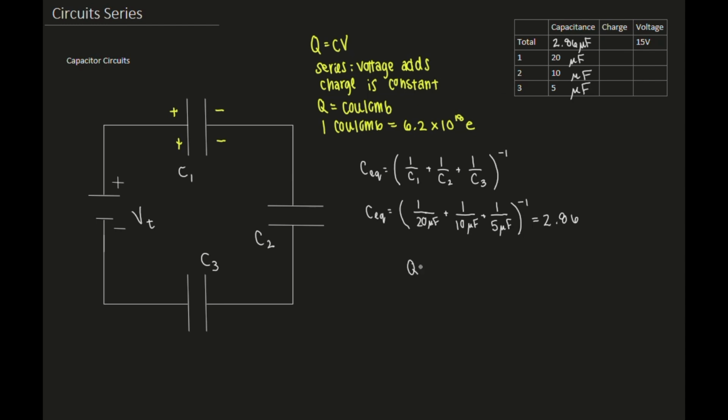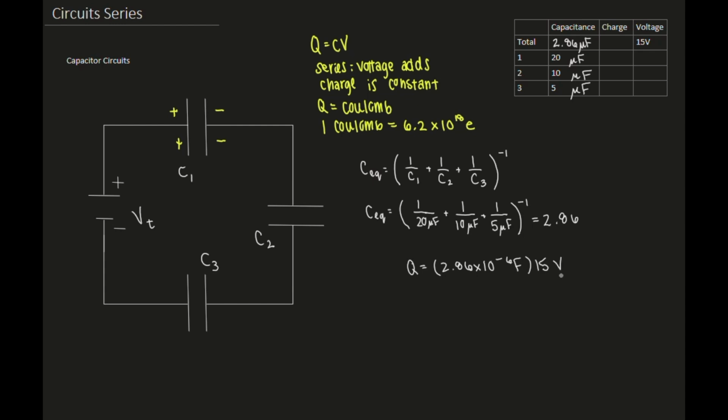So our total charge is going to equal the equivalent capacitance, but in terms of calculating charge properly in coulombs, I need capacitance to be in Farads, not microfarads, so I need to take that into account. So it's 2.86 times 10 to the -6 Farads times the voltage of 15 volts.